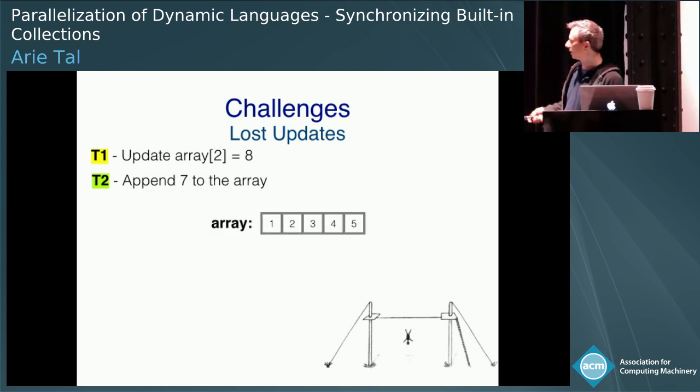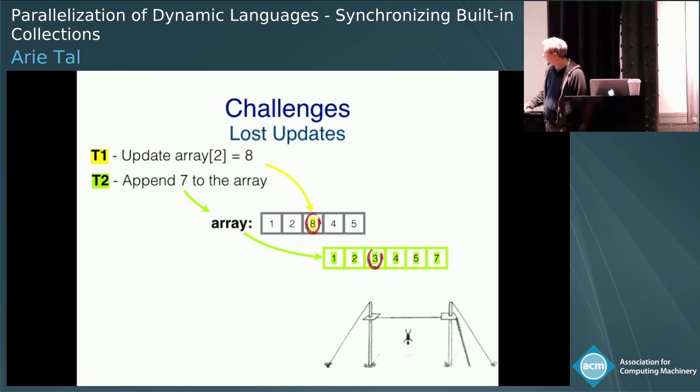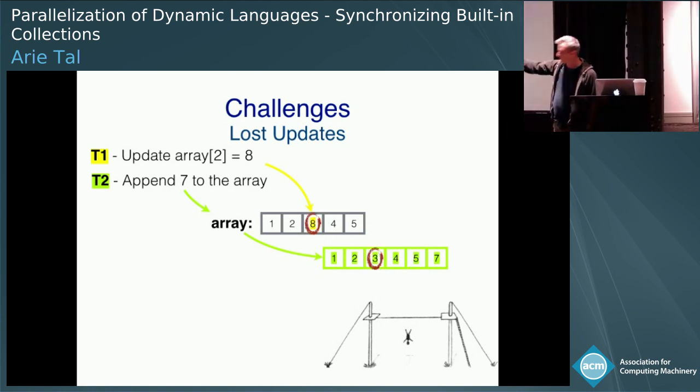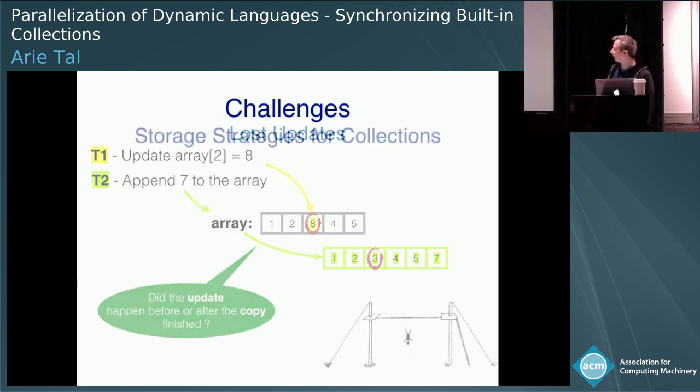Whether we get 8 or 3 as the result depends on when the copy actually happened, right? So we can run into a situation where we lose the update. You could say you could use CAS or do other stuff, but that adds synchronization overhead. So we want to avoid that, right?